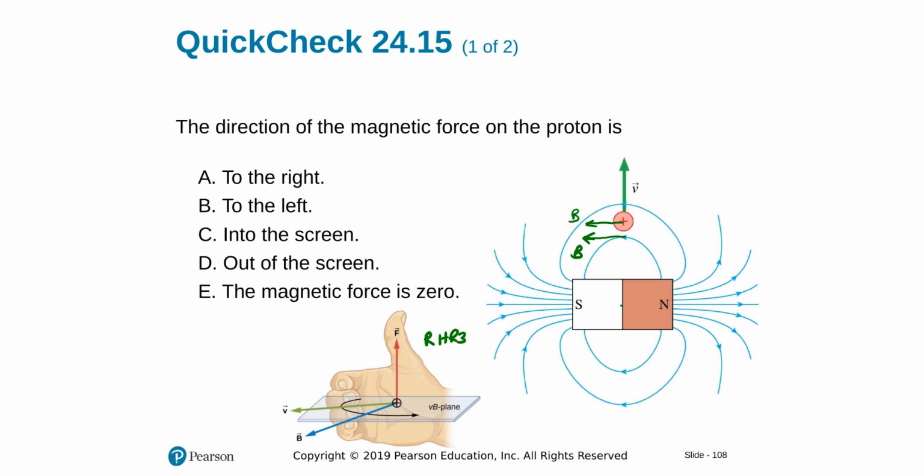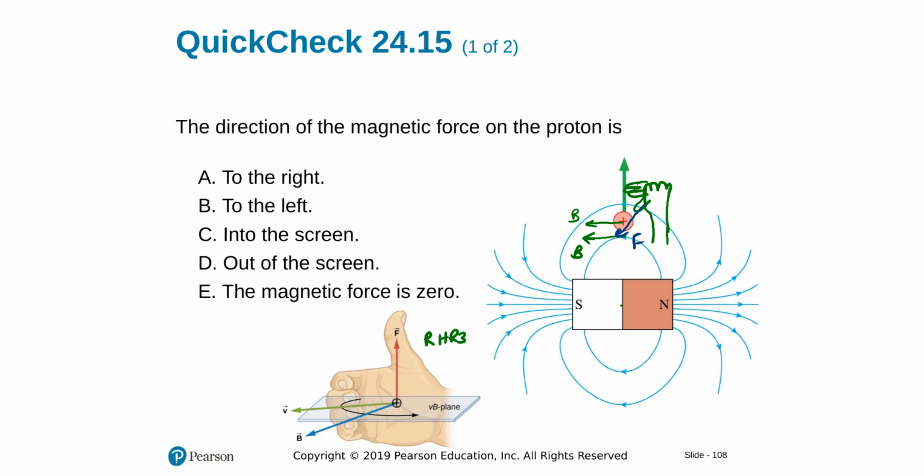I align my hand along the speed first. Bear with me here, folks, I'm drawing on really ugly hands. And I curl my fingers towards the magnetic field. To do that, I'm gonna have to rotate my arm. I rotate and I curl. I'm gonna see that I have to curl them in this fashion. As I do that curling, I open my thumb. That will show the direction of force, which would be out of the page in this case.